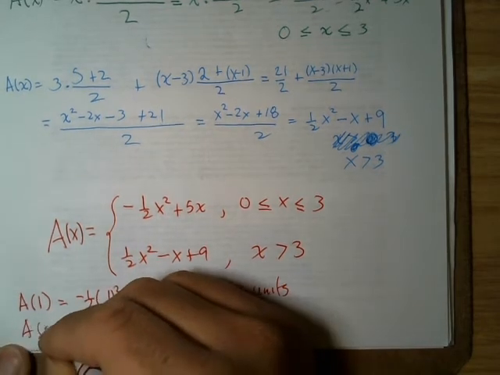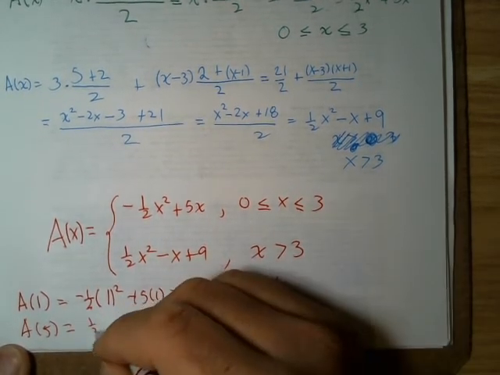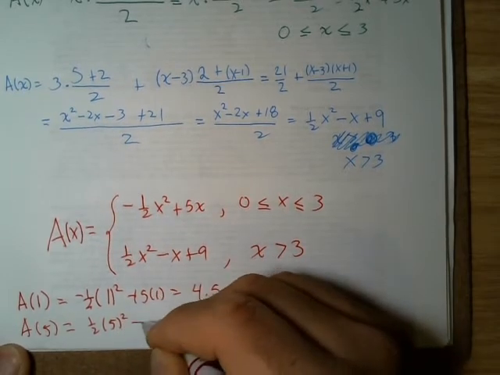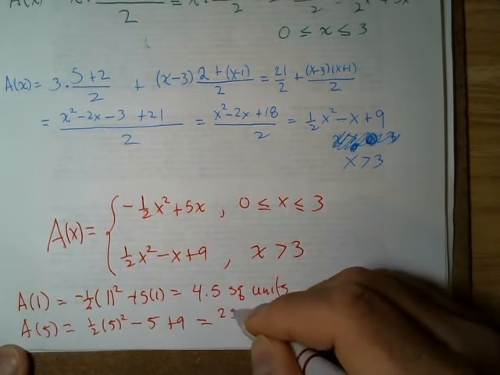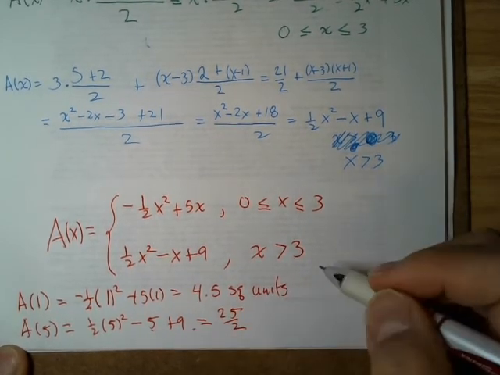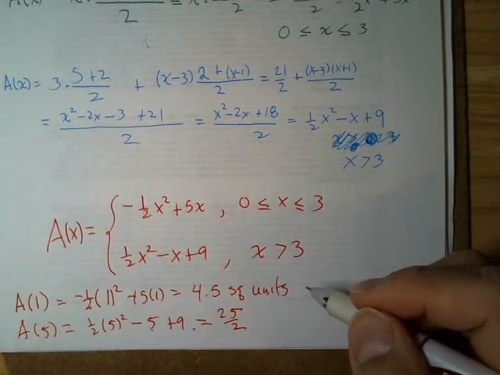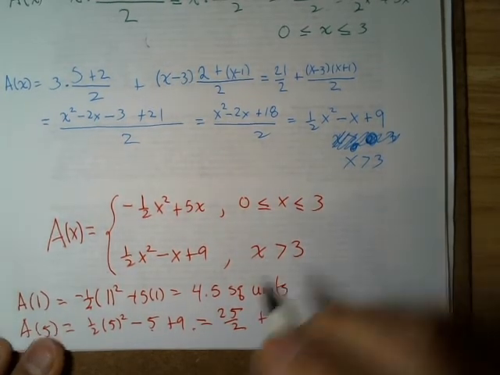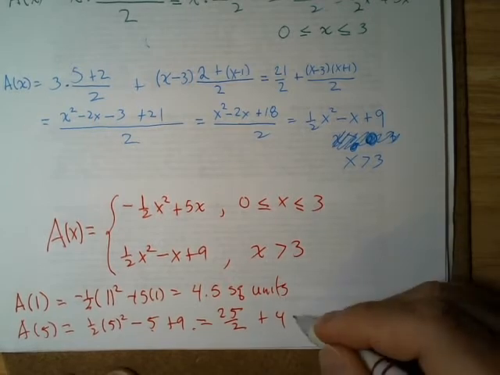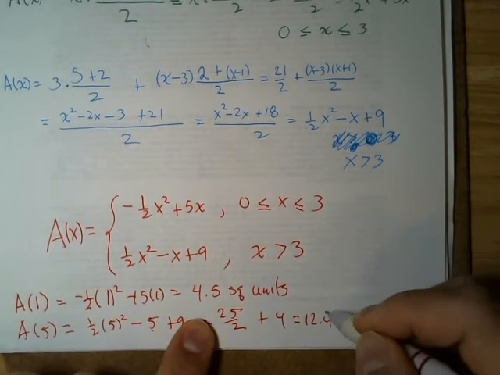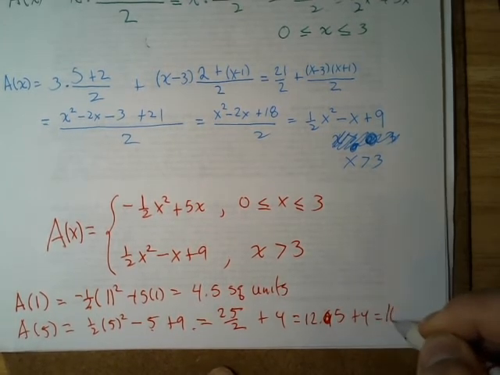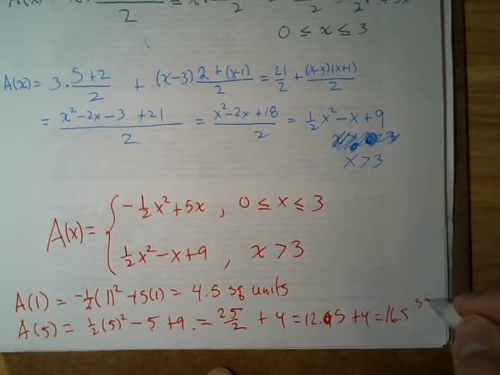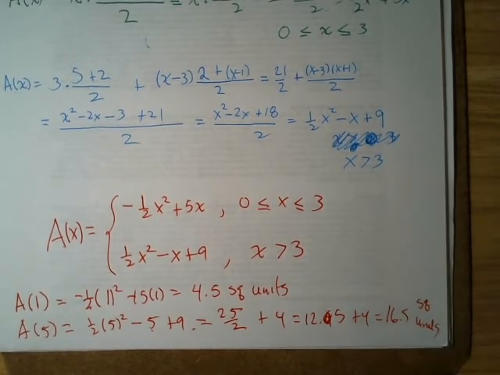For a of 5, we get 1/2 times 5 squared minus 5 plus 9. Here we get 25 over 2, negative 5 plus 9 is 4. That gives me 12.5 plus 4, which is 16.5 square units, which is exactly what I got for part C.